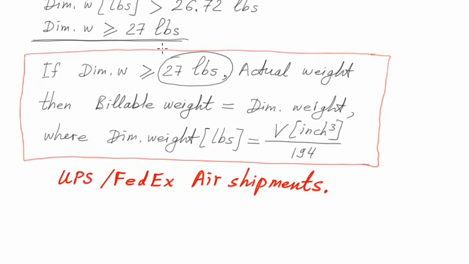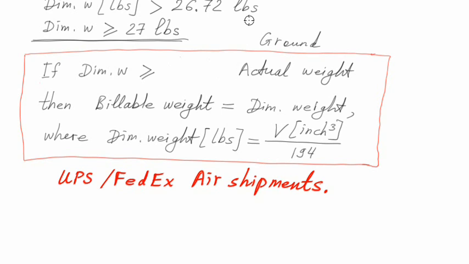There is no condition that dimensional weight should be more or equal to 27 pounds. So basically this equation is working for ground, like for most shipments, like ground shipments. But in the case of air shipments, we don't need this condition.